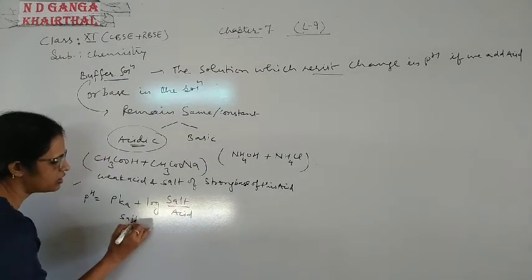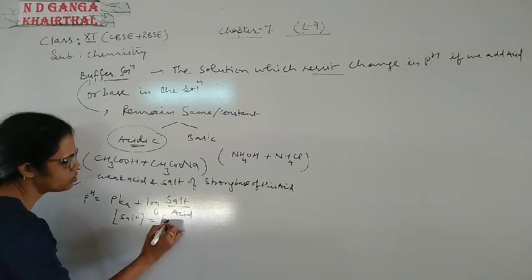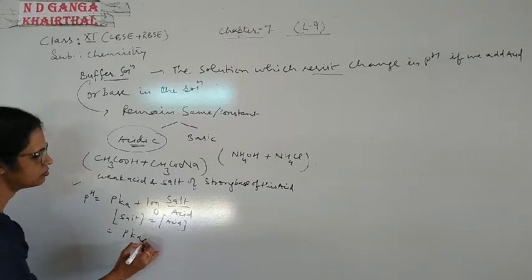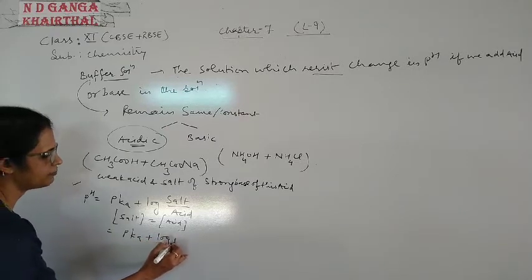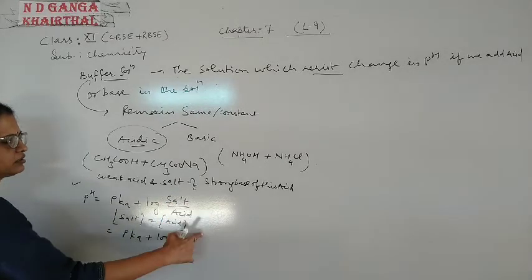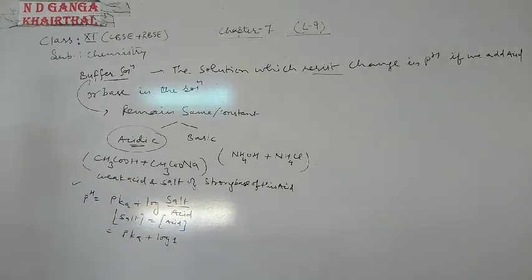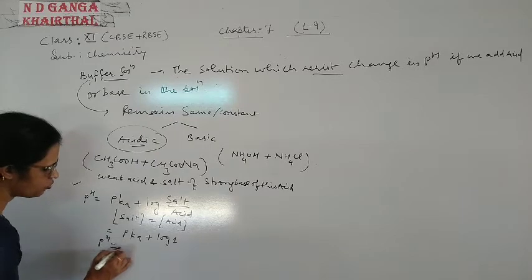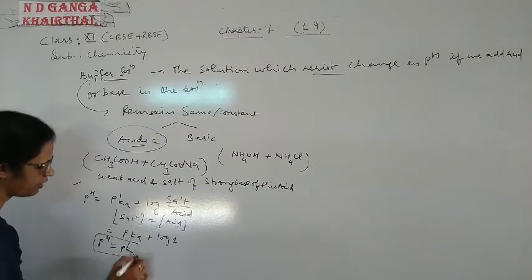If the concentration of salt is equal to the concentration of acid, then the ratio is 1, and log 1 will be 0. Then pH becomes pKa, okay.